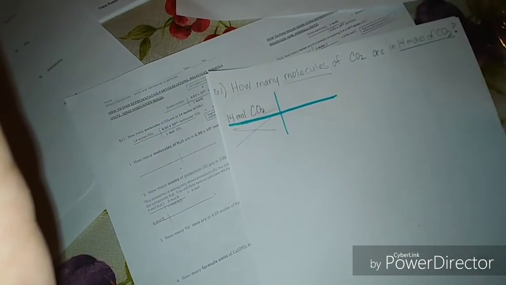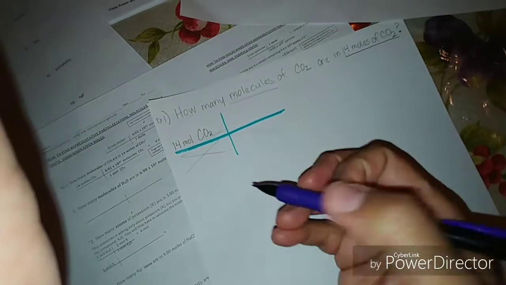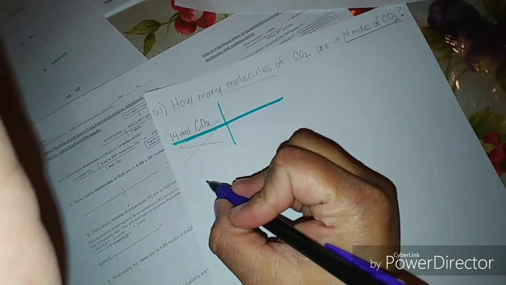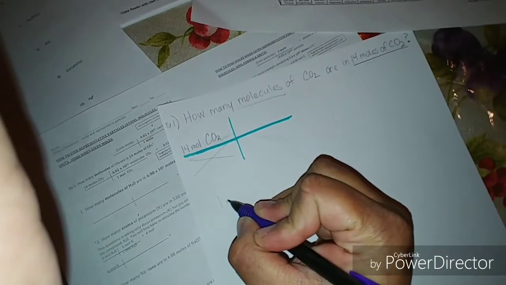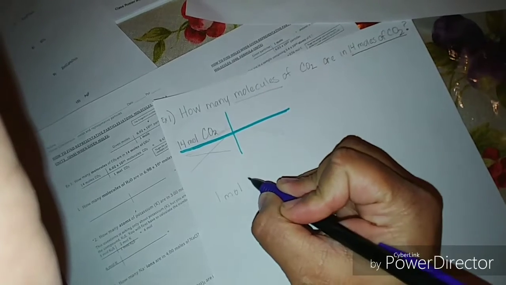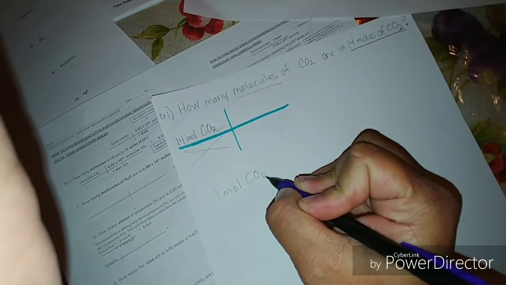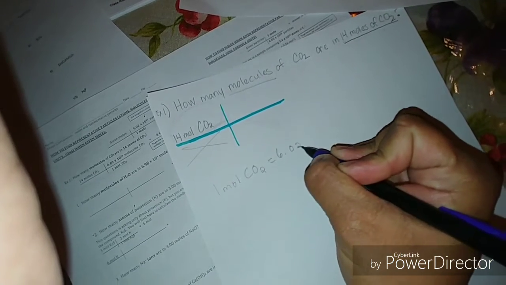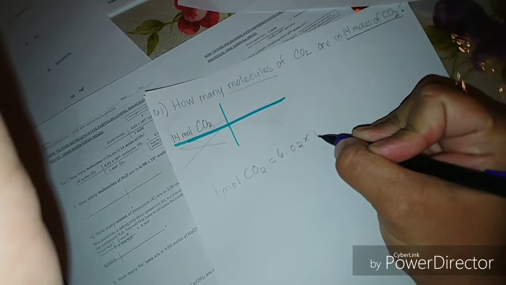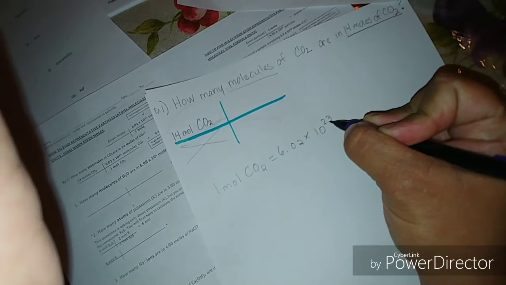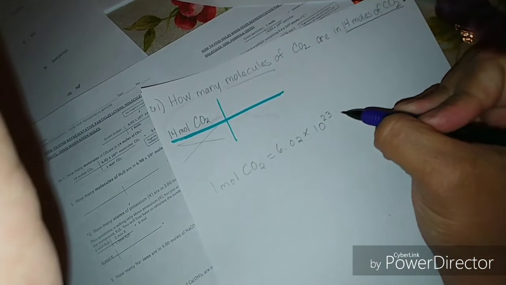Okay, so it is safe to say, which I'm going to write down here, that in 1 mole, and remember I said of anything, in this case of carbon dioxide, it's equal to 6.02 times 10 to the 23rd, and in this case we're going to also use the word molecules.